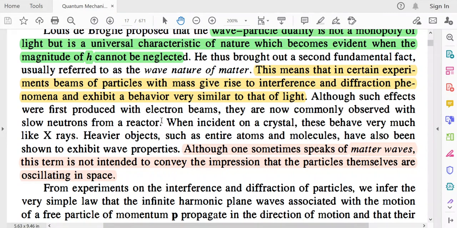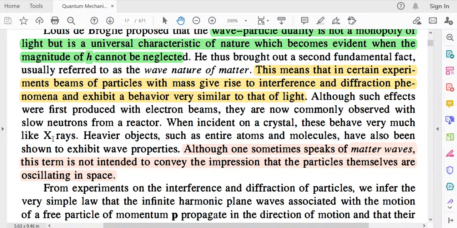Actually, such effects, that is interference and diffraction, were first observed in the case of electron beams, but they are now commonly observed with slow neutrons from a reactor. When incident on a crystal, these behave very much like X-rays. What is X-ray?